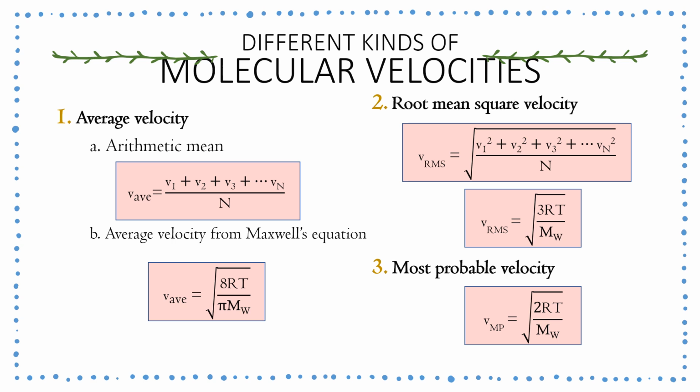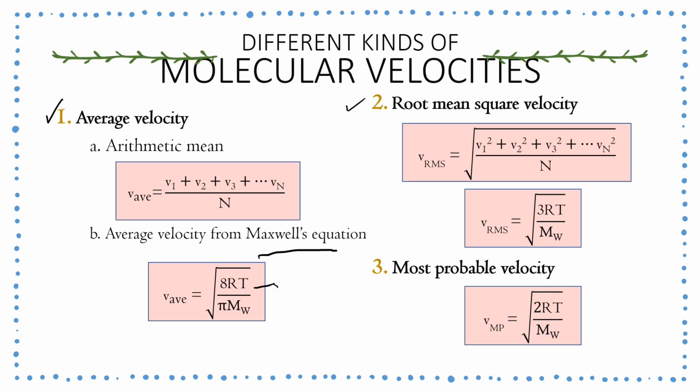Alright? So, we also have our different formulas for the velocity. So, nabanggit natin yung velocity kanina. We have what we call the average velocity and the root mean square velocity. Okay, so the average velocity from Maxwell equation is equal to square root of 8 RT over pi M, okay, molecular weight.